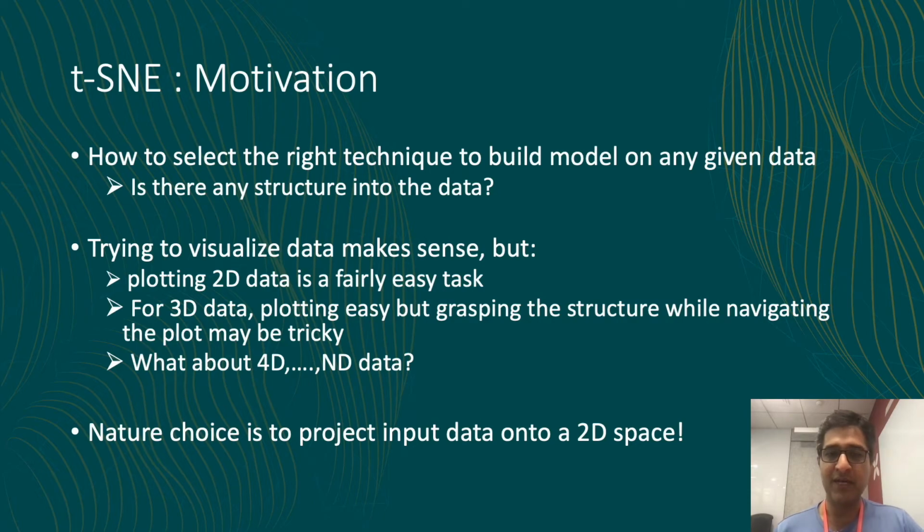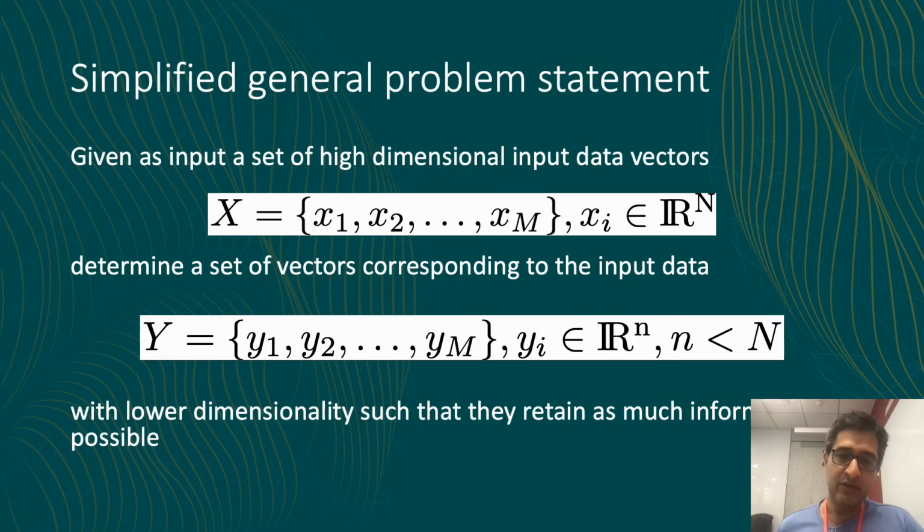You have to make sure that a certain structure of the data is maintained. So to solve this problem, this is the approach that is taken. If you think about it, the structure of the problem is the following: you have been given as input high dimensional data vectors, let's denote them by X. These are in a very high dimension, capital N, let's say.